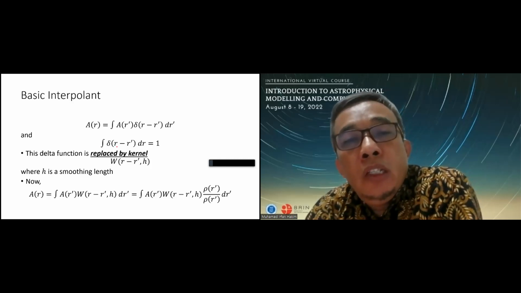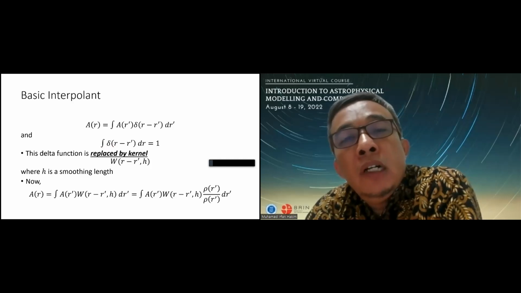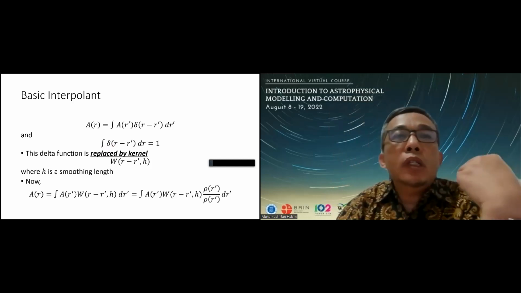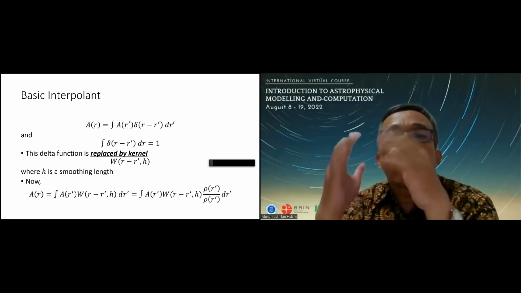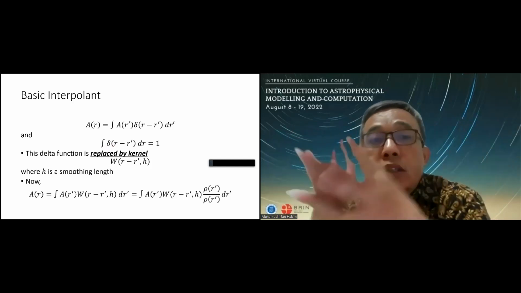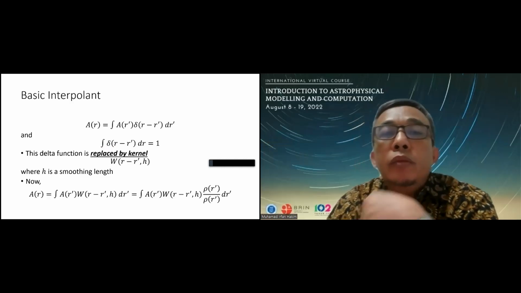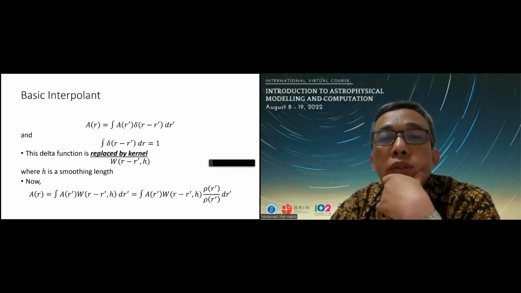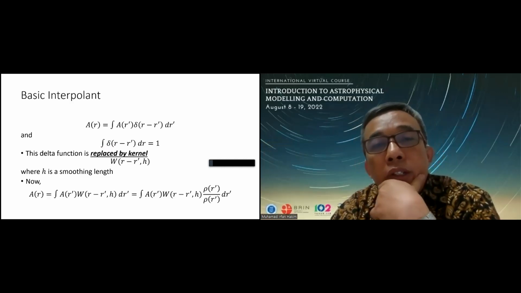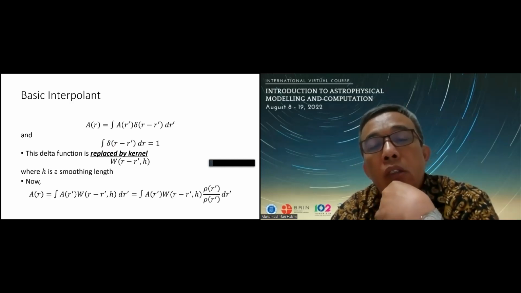If we integrate this delta function over the infinite range from minus infinity to infinity, the value of this integration equals 1.